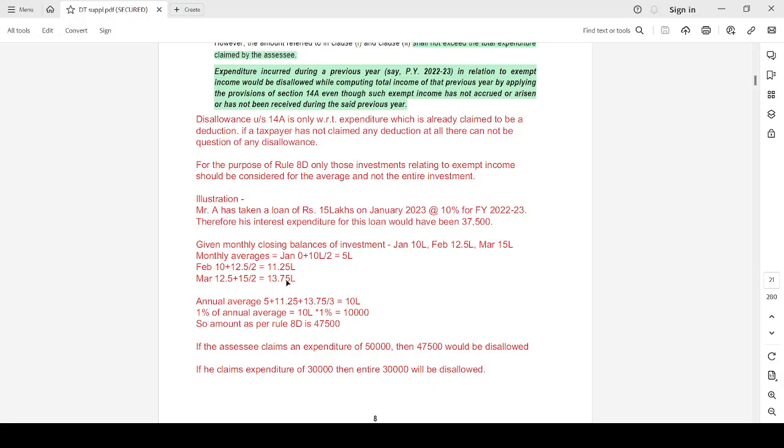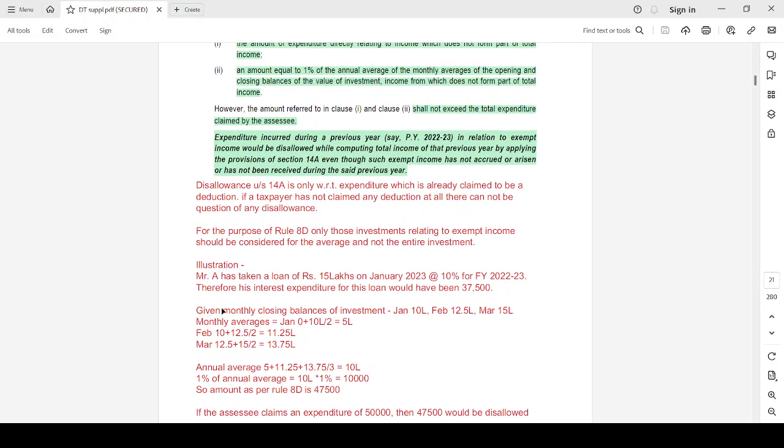So annual average would be 5 plus 11.25 plus 13.75 for 3 months, which is equal to 10 lakhs. First I have taken the closing balances of investment, then I've calculated the monthly averages, then now I'm calculating the annual average. The next step is to calculate 1% of the annual average, which is nothing but 10,000.